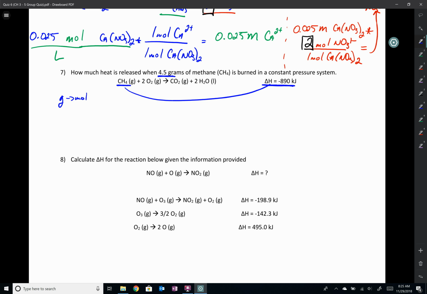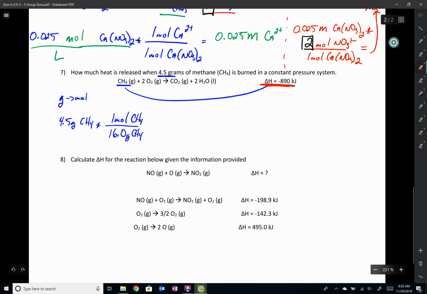So step 1, grams into moles. How many times have we done that already this semester? So 16 grams of methane for every 1 mole of methane. And now, let me just switch colors here.